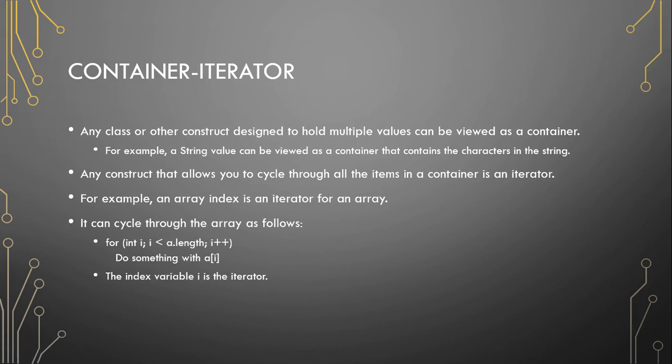So an array iterator, for this case, can cycle through as follows: for (int i = 0; i < a.length; i++), do something with a[i], whether it's count it, add it up, etc. Now, obviously, the index variable in this case is i, and that's our iterator. The container iterator pattern also describes how an iterator is used on a container.